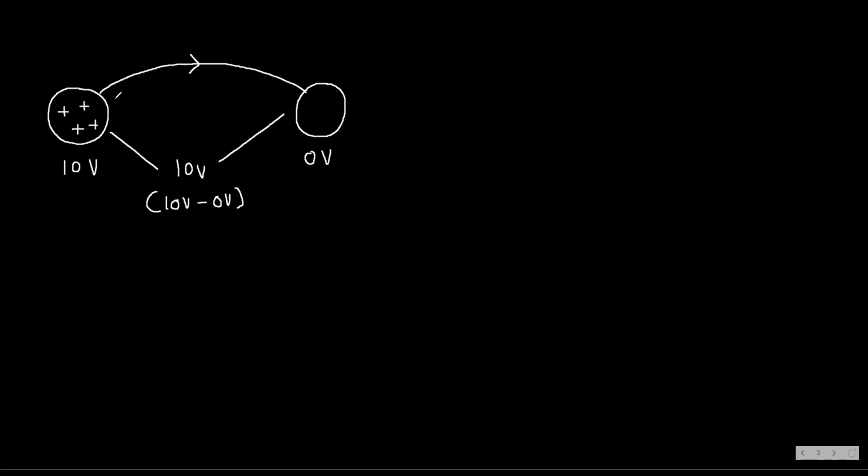Now you know charges are moving from high potential to low potential. Now I'm going to calculate how many charges are moving from high to low within 1 second. I'm going to assume it as 2 amperes. This is an assumption. I'm not going to calculate it.